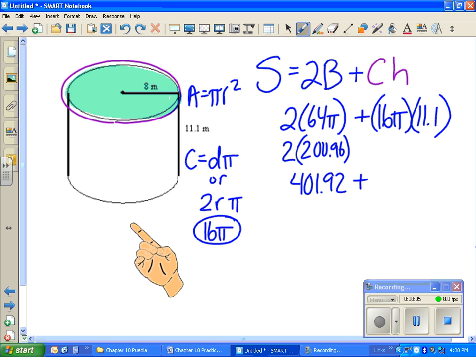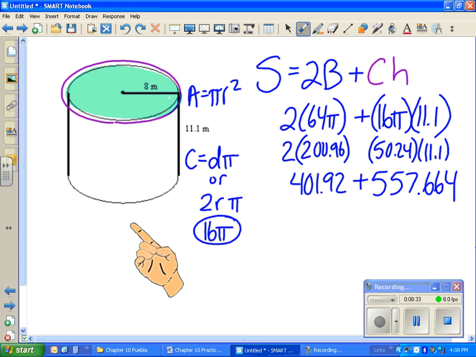So you should have 401.92 plus, okay, let me figure this out now. 16 times 3.14, because they want you to use 3.14. That's 50.24 times 11.1. I'm not doing this in my head. I hope you know that. 557.664.